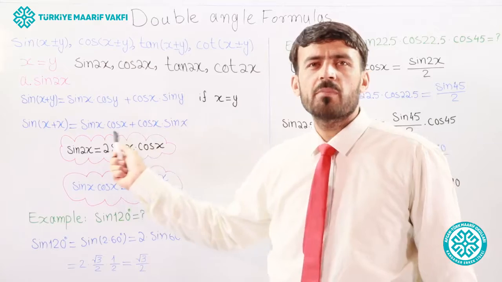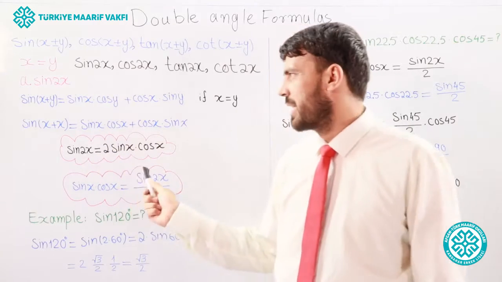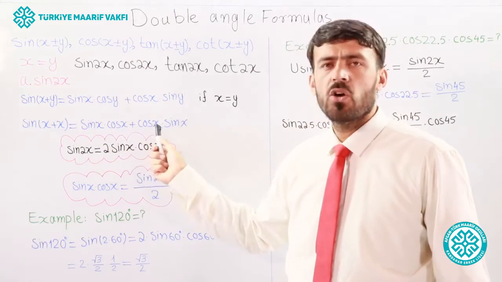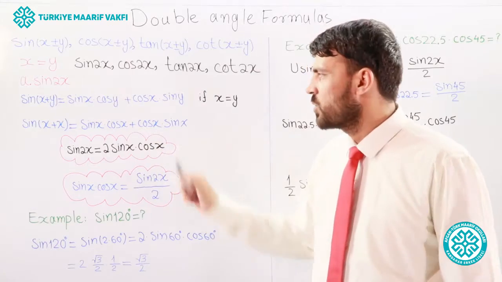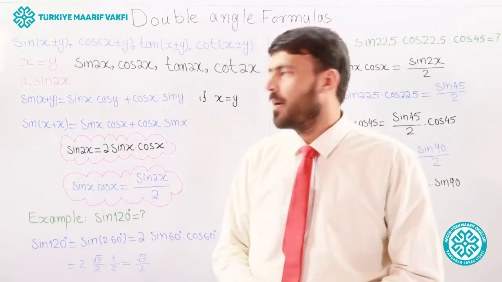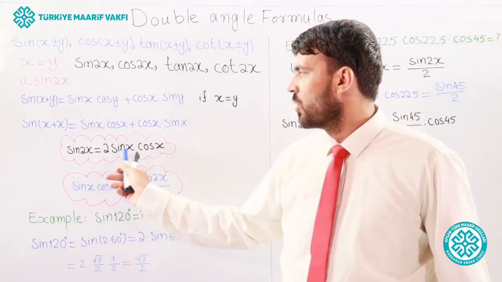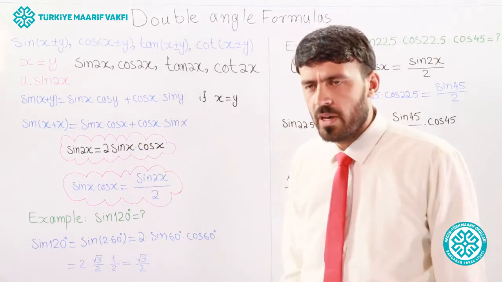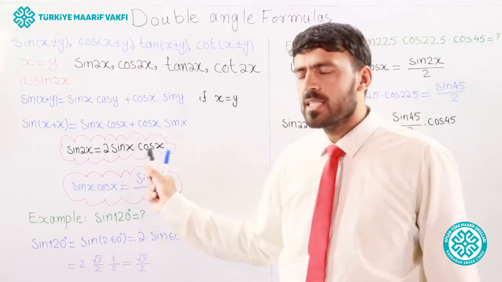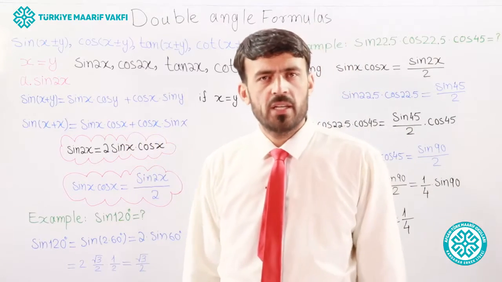Also, these two terms are equal to each other: sine x cosine x and cosine x sine x. These will be added and the formula will become sine 2x equal to 2 sine x cosine x. This is the double angle formula for sine function.